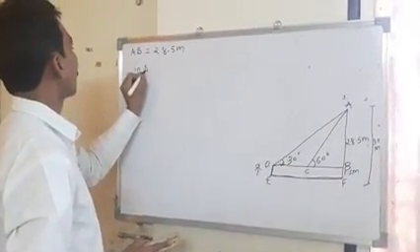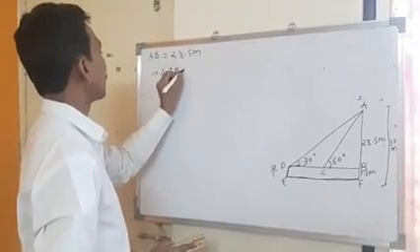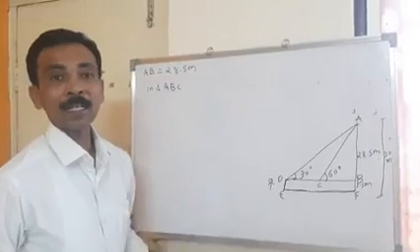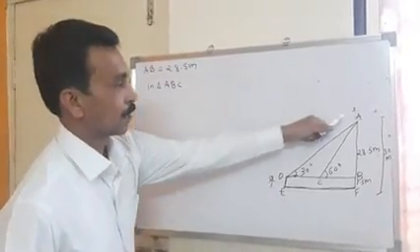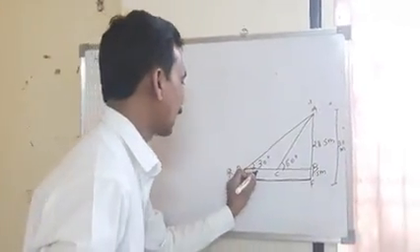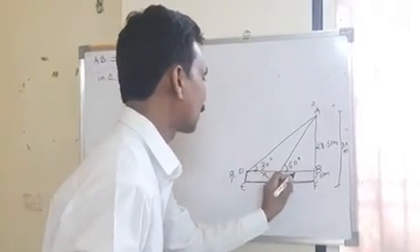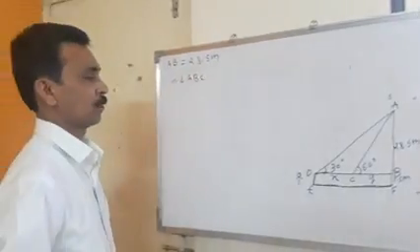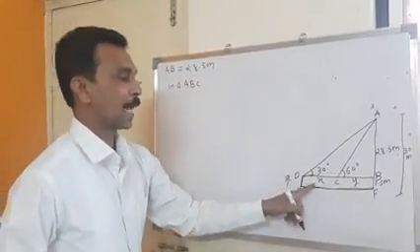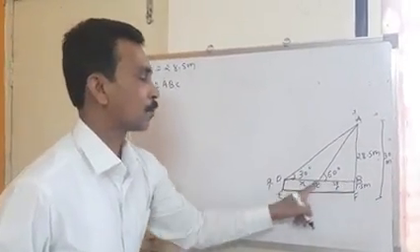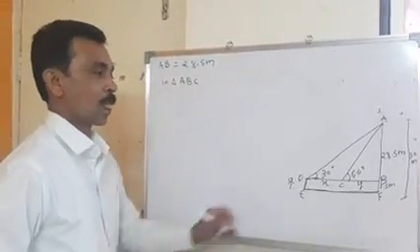In triangle ABC, what is the reference angle? 60 degree. We'll call DC as X and BC as Y.